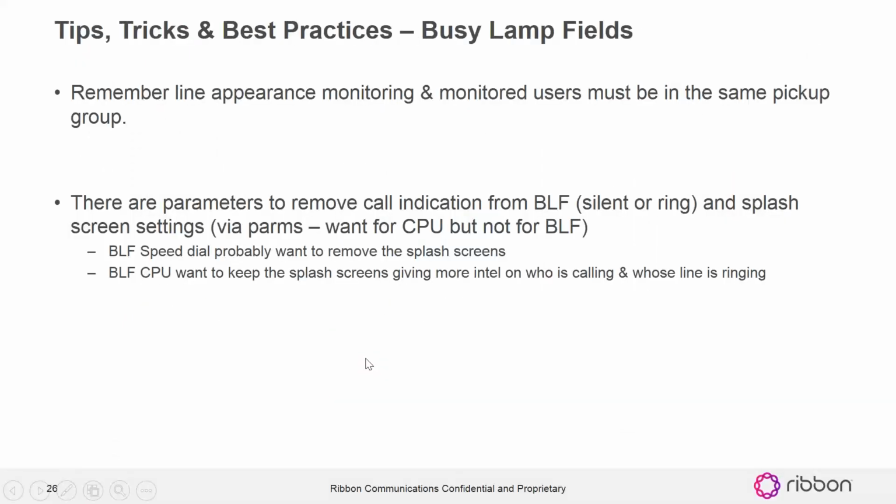Remember, you saw that they have to be in the same pickup group, and there are some parameters that you can go in and set in the config files in the device parameters if you want to get rid of the splash screens. The splash screens are what you saw that had all the details about it. It's set for ring, but you see the splash screens, or maybe silent. Whatever you want, you can get rid of the splash screens.